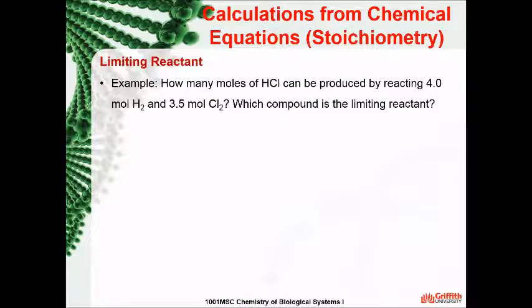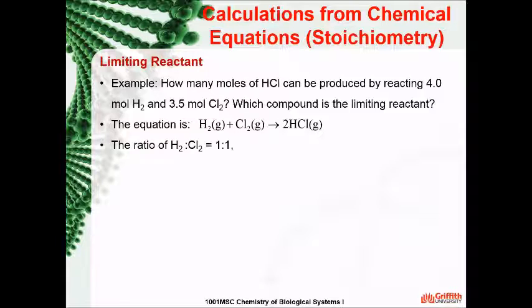How many moles of HCl can be produced by reacting 4 moles of hydrogen gas and 3.5 moles of Cl2? And which compound is the limiting reactant? The balanced equation is H2 plus Cl2 gives 2HCl.